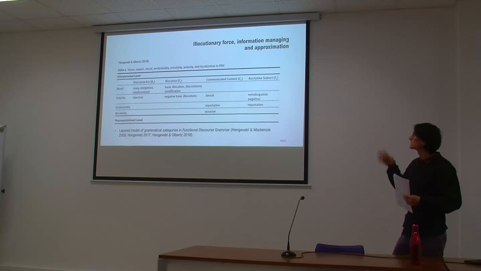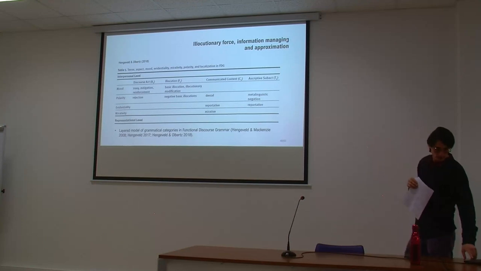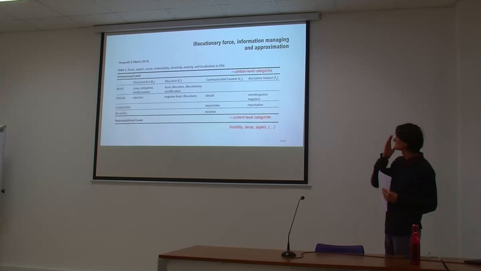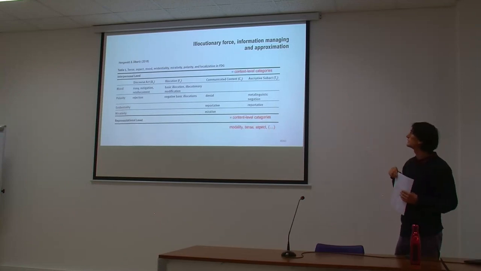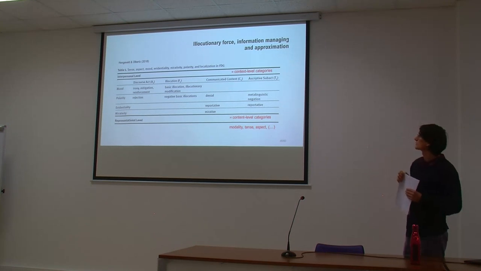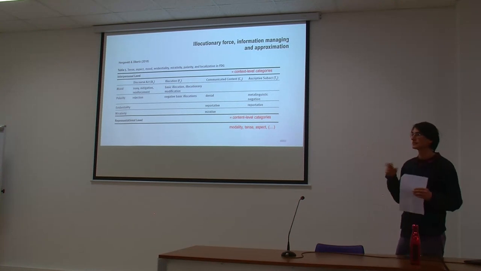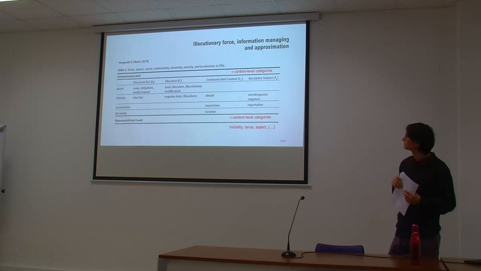It's not necessary to fully understand this table. What is relevant is to see that the interpersonal level in functional discourse grammar corresponds more or less to what we called context level uses or context level categories today, while the representational level corresponds to the content level categories, such as modality, tense, aspect, and so on.